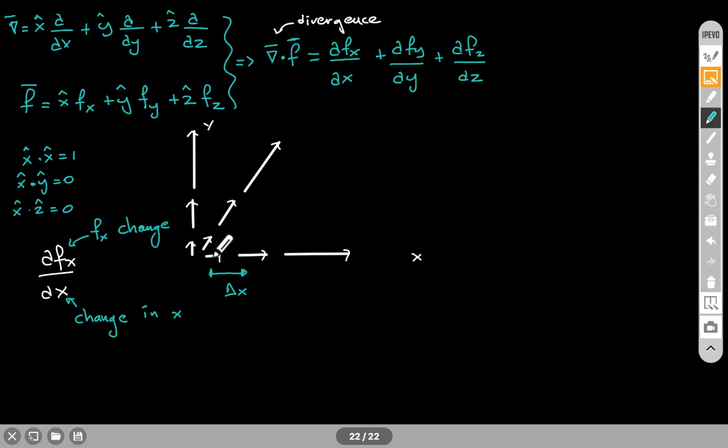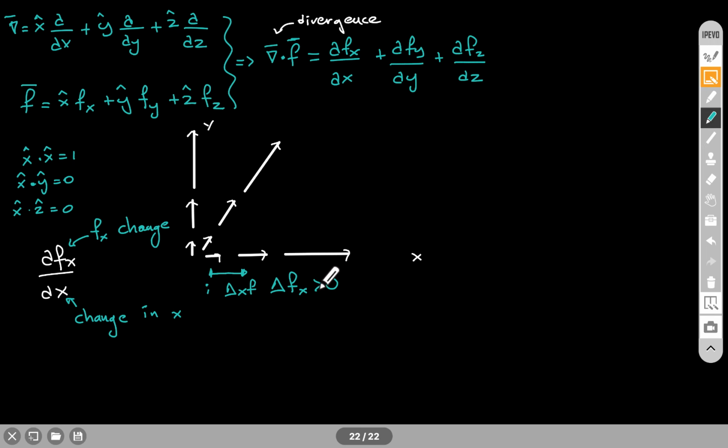Here I have a small x component, here I have a larger x component. Did the x component of my function change? Yes, it did. How did it change? If this is my initial and this is the final, as I go to the right, the x component of the function increases. So the change in f of x is a positive number.